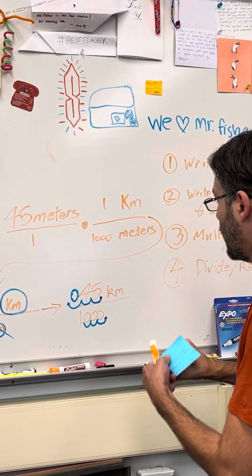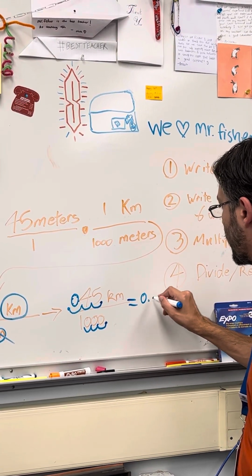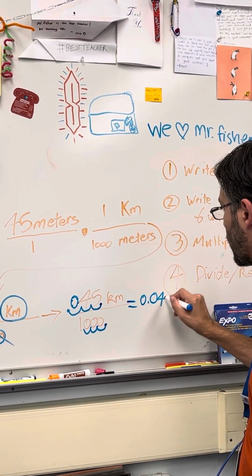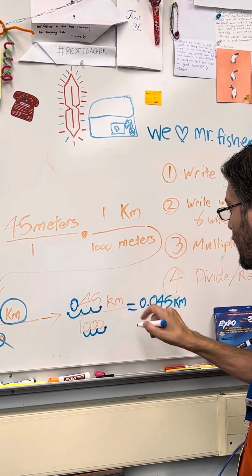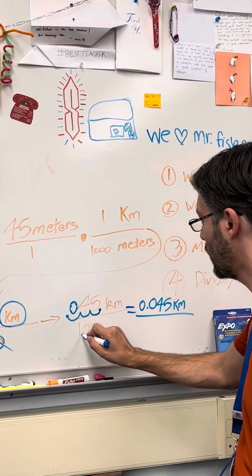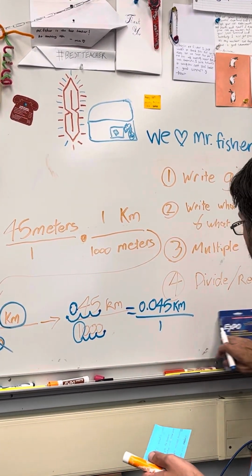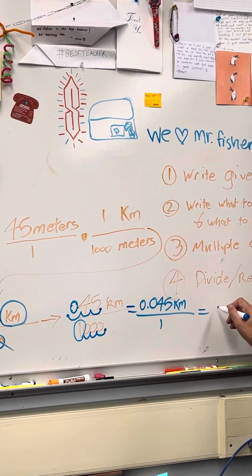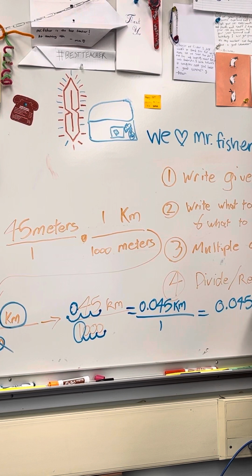And now this number looks like 0.045 kilometers over 1. Or, as we'd write it more commonly, it just equals 0.045 km.